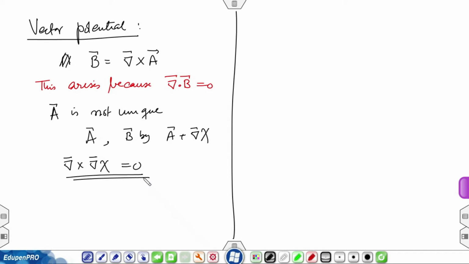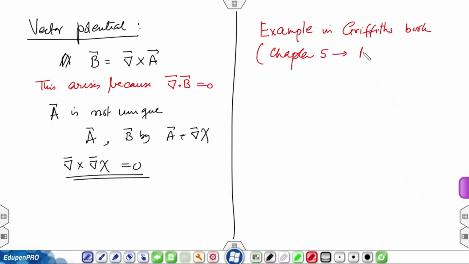In this lecture, I want to start by introducing you to this problem from Griffiths. So, this is an example in Griffiths' book, from chapter 5 on magnetostatics.